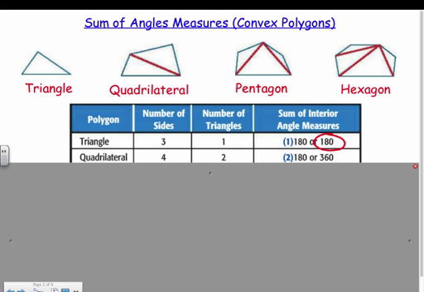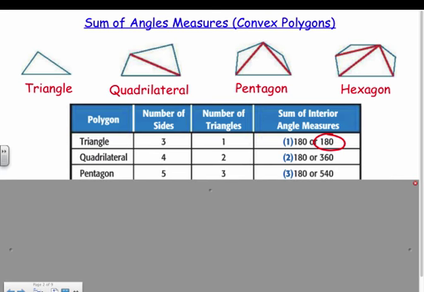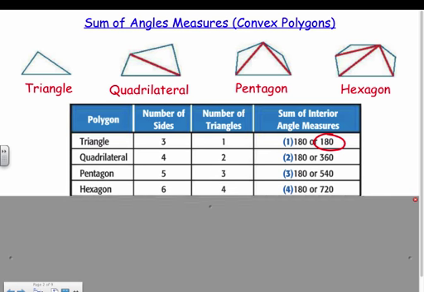Well, for a pentagon, when it has 5 sides, now there's 3 triangles, so I'm taking 3 times 180. And for a hexagon, it looks like it makes 4 triangles. Kind of hard to see, but triangle, triangle, triangle, triangle. Okay, we got 4 triangles in my hexagon, and we're multiplying that by 180.